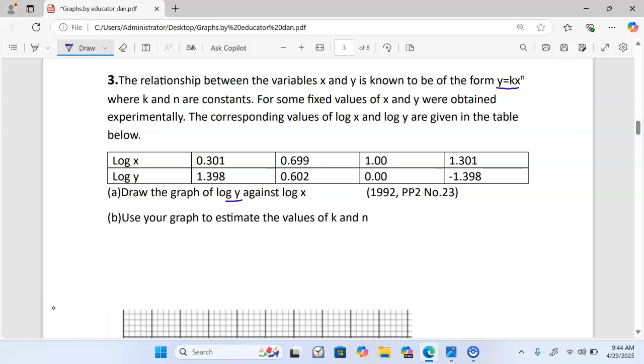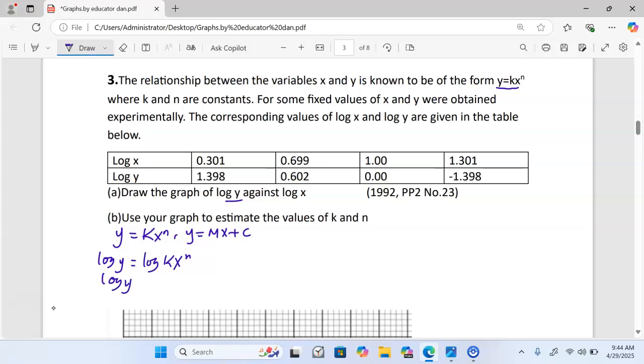Remember, the function given is of the form y is equal to k x power n. This is a nonlinear function, but it can be reduced into linear, and linear is usually in the form of y is equal to mx plus c. To convert a nonlinear equation to linear, we introduce logarithms, such that we have log of y is equal to the log of k x power n.